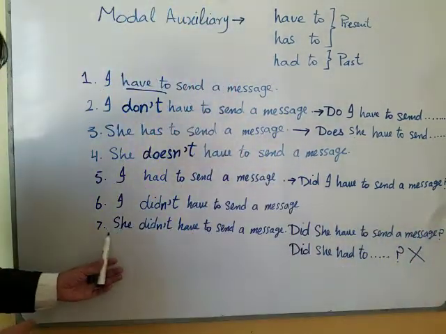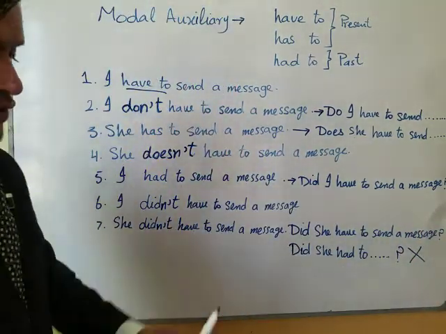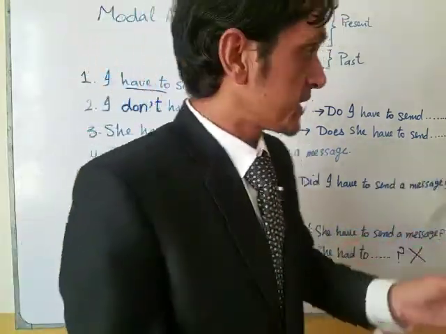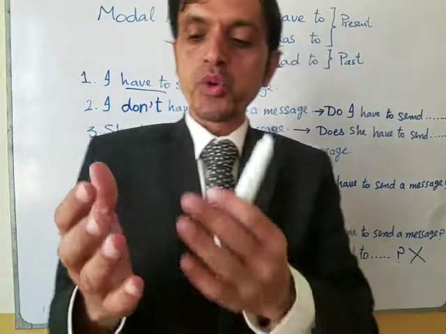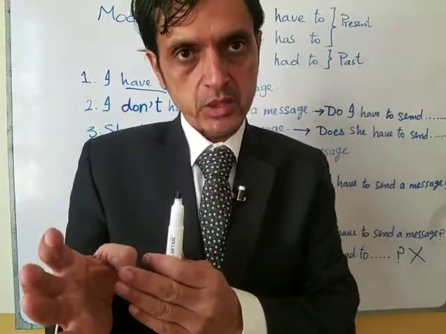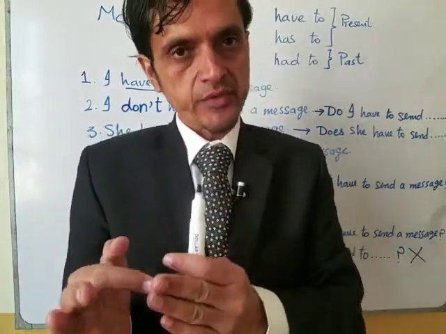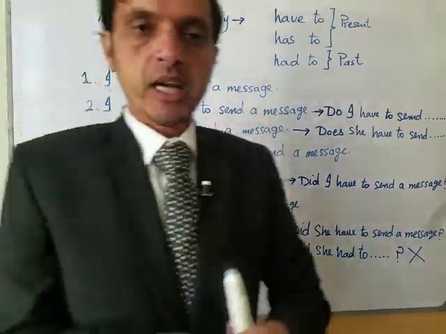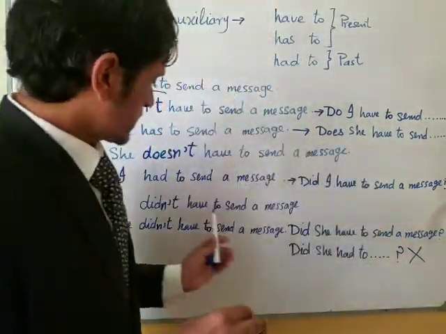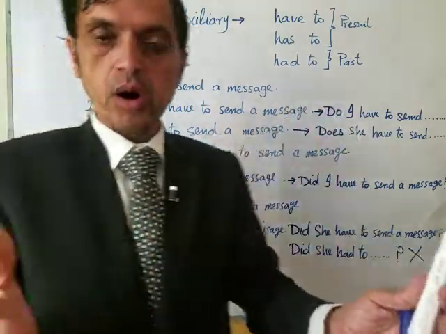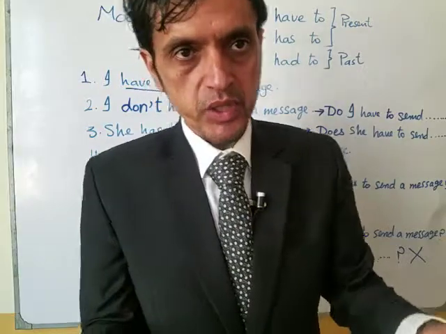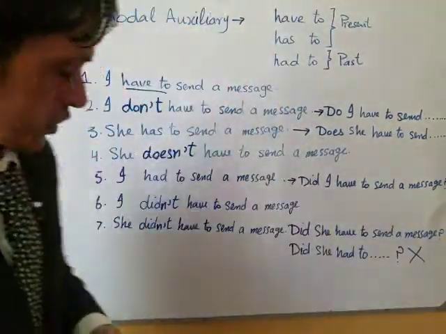Now here, she didn't have to send a message. As we differentiate in present tense, have to and has to, we use has to with she, he, it and have to with they, you, we. But in past, we can use had to with all, with she, he, it, they, you, we, and with all singular and plural subjects.